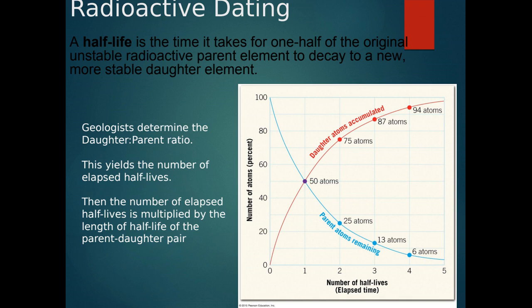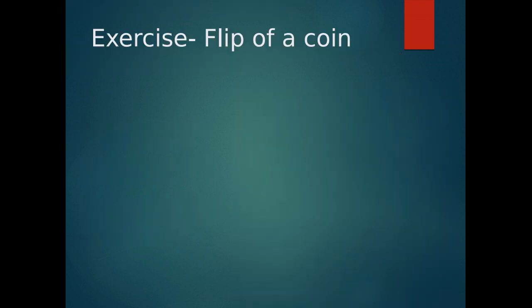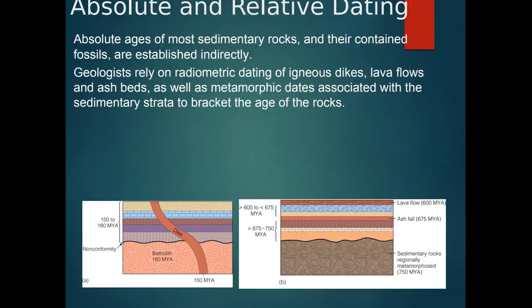In the next half-life, same period of time, if it's a billion years, after 2 billion, a quarter of them are still the parent, and after 3 half-lives, it'll be 13%. And it'll keep going down and down like that, cutting in half every half-life. We did an exercise flipping the coin where we understood that.